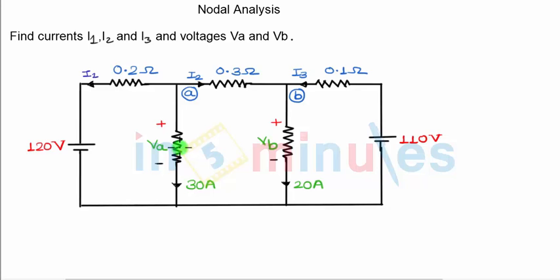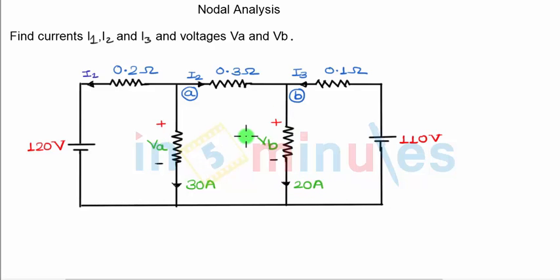If you observe carefully, they have not mentioned the values of these two resistors. That is because instead of providing the resistor values, they have given us some other information, which is in the form of these two branch currents. This branch carries 30 amperes and this branch carries 20 amperes.